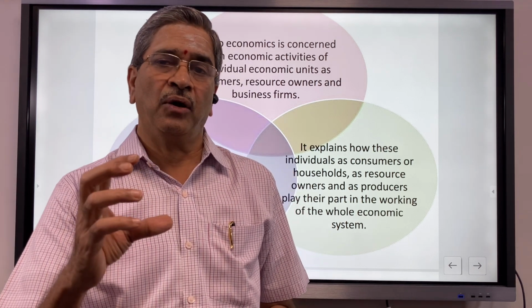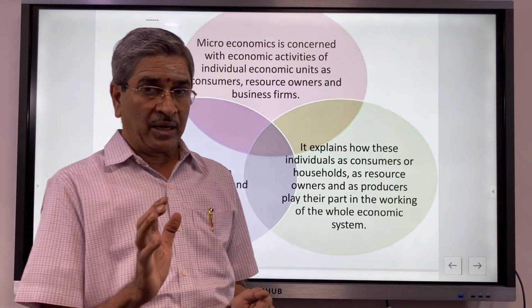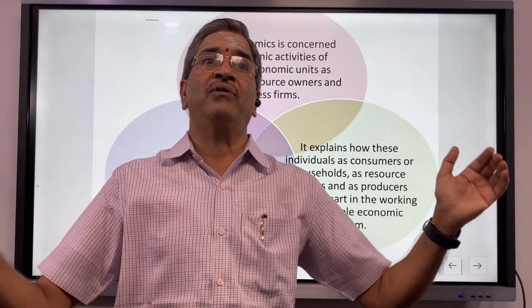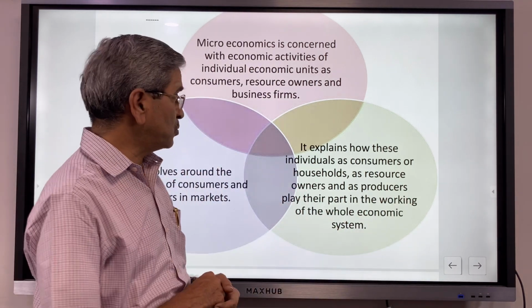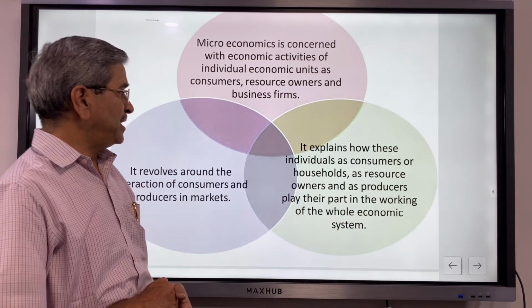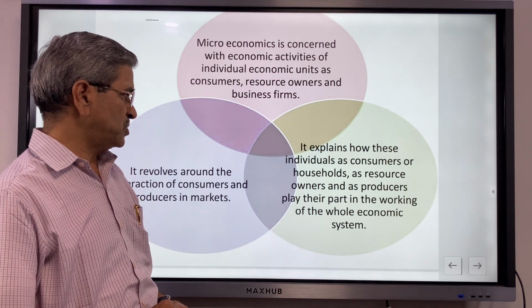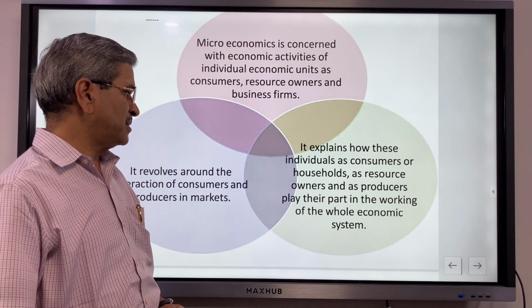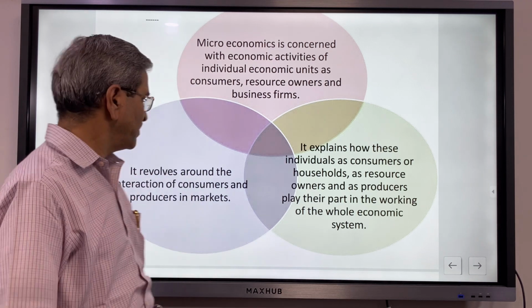If you are studying the consumption pattern of one consumer, it is a micro study. If you are studying the economic behavior of one industrial unit, then we say it is a micro study. It explains how these individuals as consumers, households, resource owners and producers play their part in the working of the whole economic system.